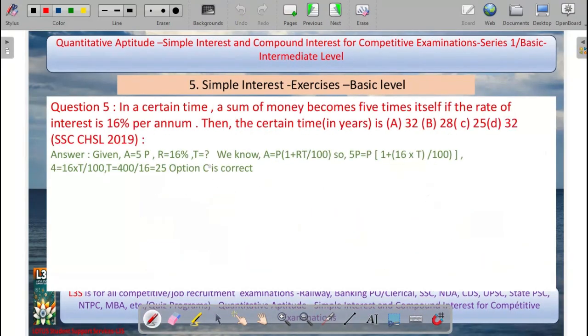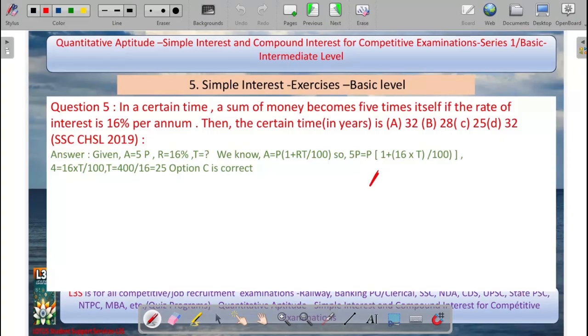Next question. In a certain time, a sum of money becomes 5 times itself if the rate of interest is 16% per annum. Then the certain time in years is? So in this problem, what they are saying is a sum of money becomes 5 times itself if the rate of interest is 16%.